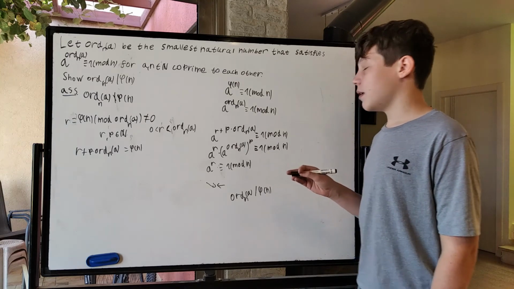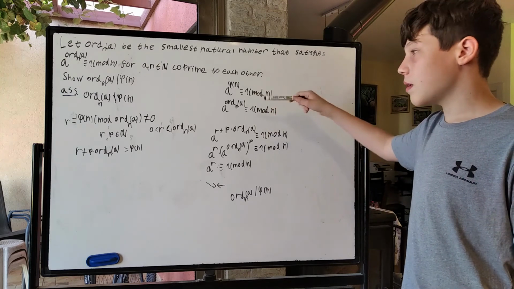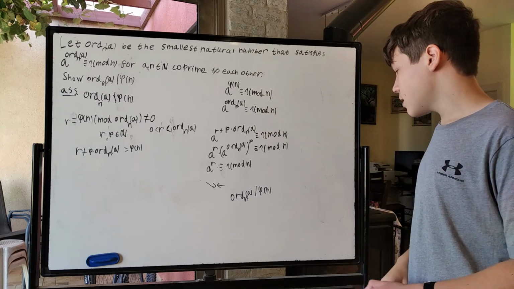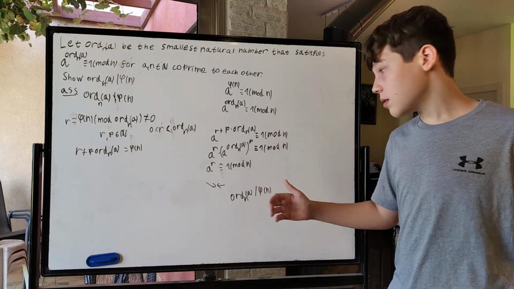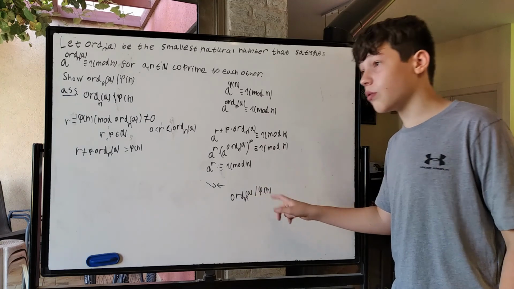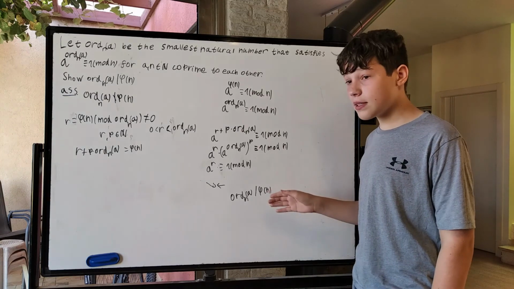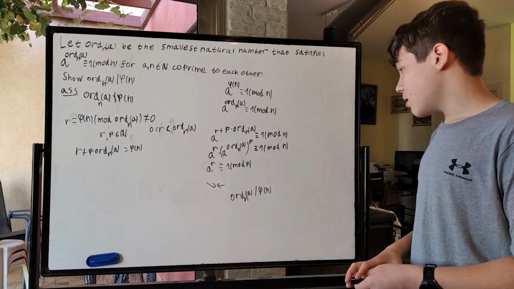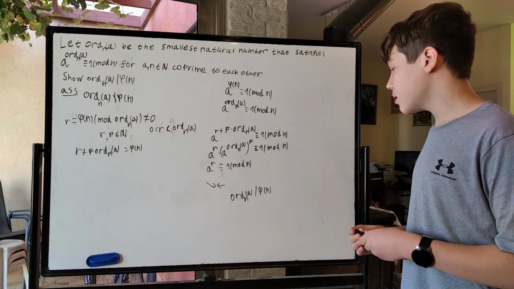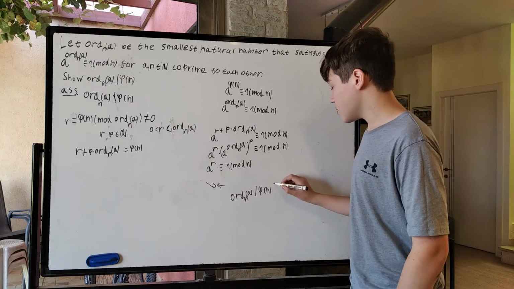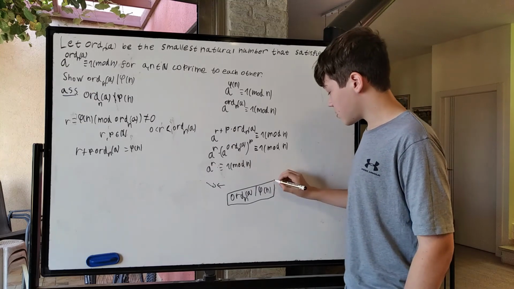But another property we get, since phi of n always satisfies this, is that now we have infinitely many numbers, because we have order n of 1, order n of 2, order n of 3, and so on forever, and all of them divide this single number, which is just another cool property of this.